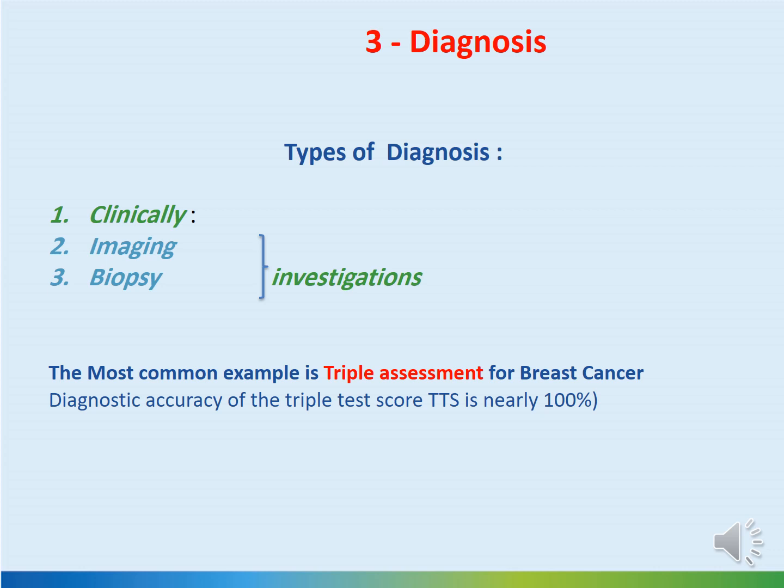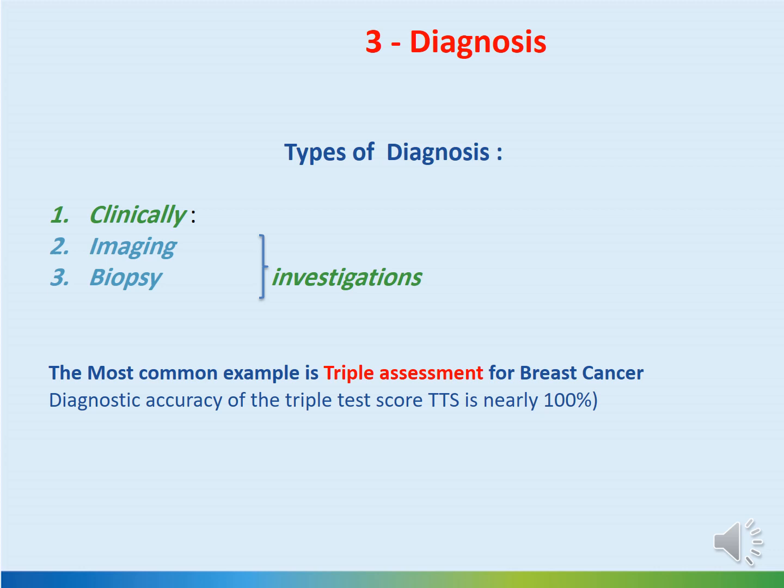Yes, we know that the most important part of the diagnosis is the biopsy, but even with biopsy we have something we call false positive results. So even if we have a positive biopsy result, which suggests that the patient has cancer, if I'm a doctor and I see that the patient is not clinically suspected to have cancer, or imaging doesn't reveal that the patient has this type of cancer, I will not consider it.